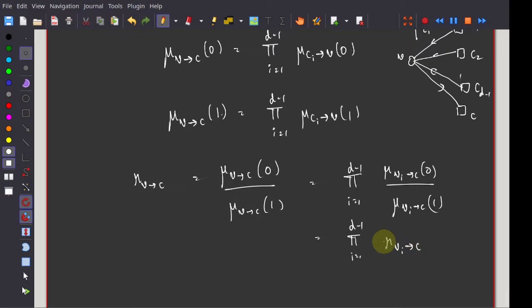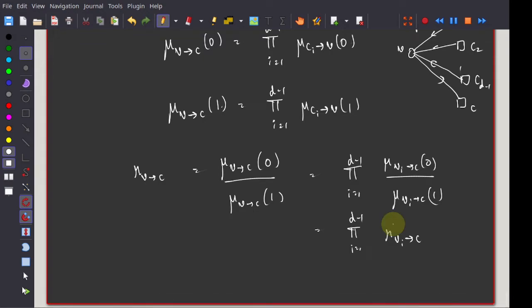So now instead of multiplying 2 times d minus 1 many numbers, I just have to multiply d minus 1 numbers. That greatly simplifies things. This is basically a reparameterization. I am reparameterizing these messages using r v to c.